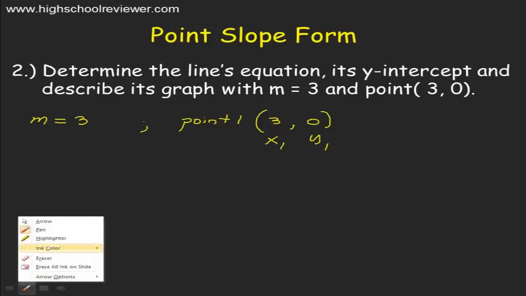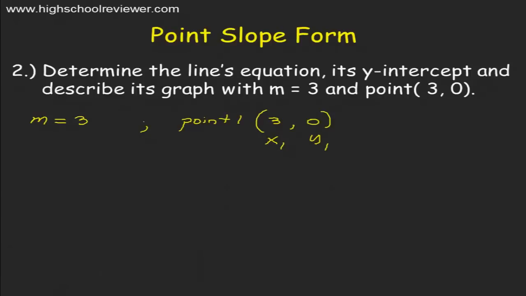And then we will use the point slope form equation. So the point slope form equation is y minus y sub 1 equals the slope multiplied by the quantity of x minus x sub 1.